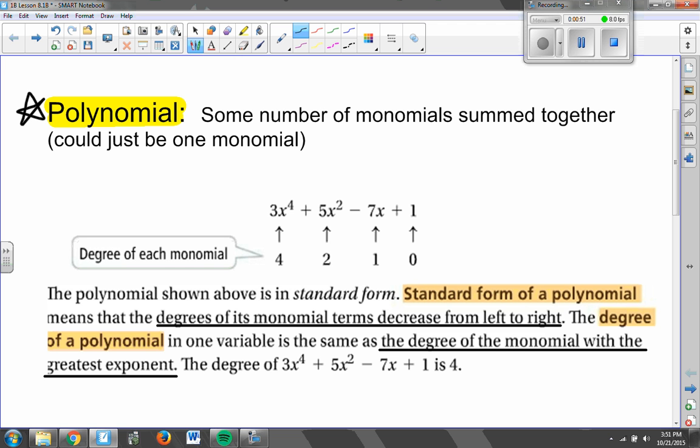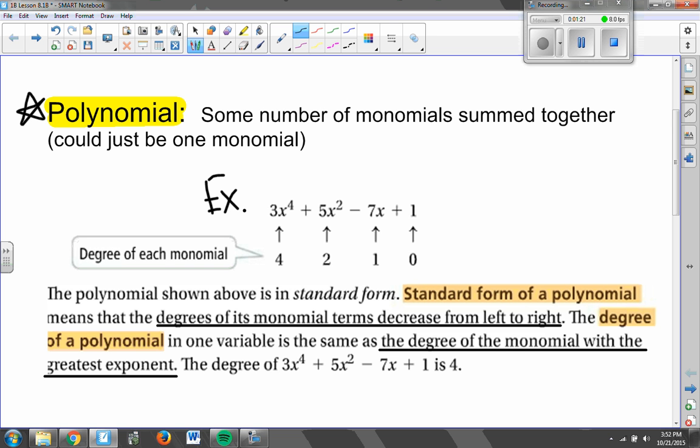For example, 3x to the fourth plus 5x squared minus 7x plus 1. That is a list of 4 different monomials, 3x to the fourth, 5x squared, negative 7x, and 1, all added together. And then we need to talk about 2 things when we discuss polynomials.